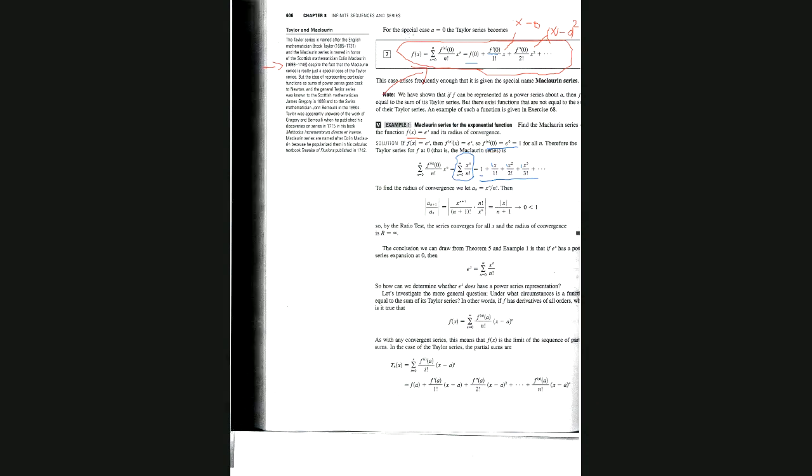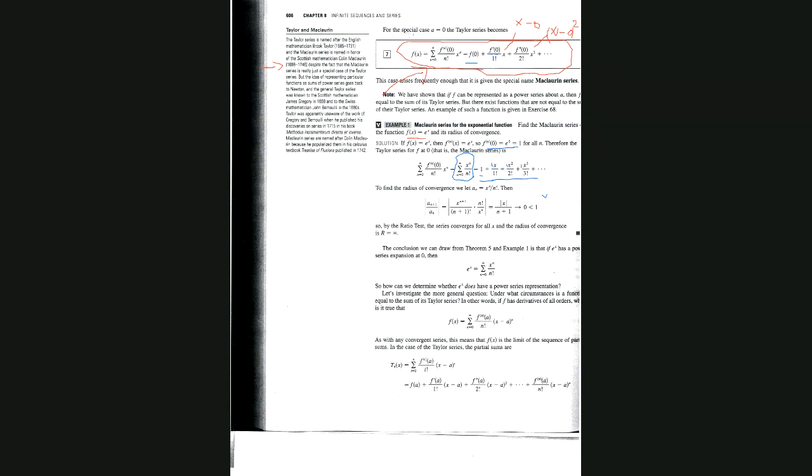But then, of course, you have your power series here, and if you want the interval of convergence, you just use the ratio test. In this case, the series converges, since the ratio is going to approach 0.